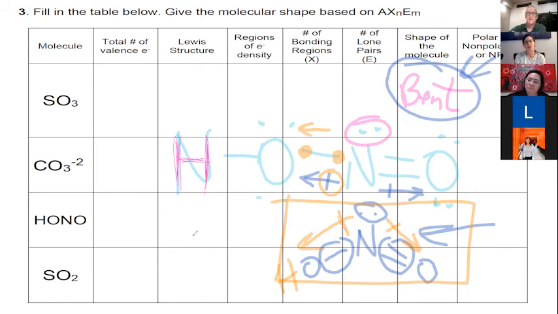So in this setup, is this going to be polar or non-polar? In other words, do those bond dipoles add together, or do they annihilate each other? Do they completely cancel each other out?